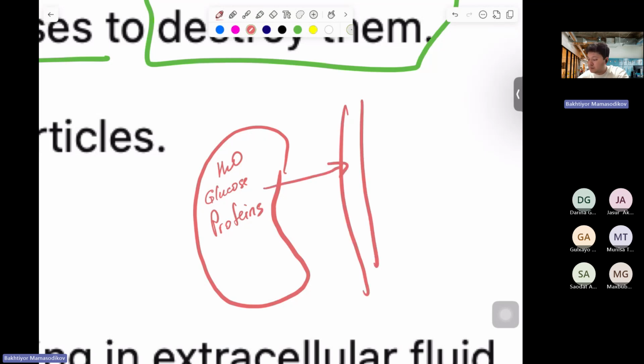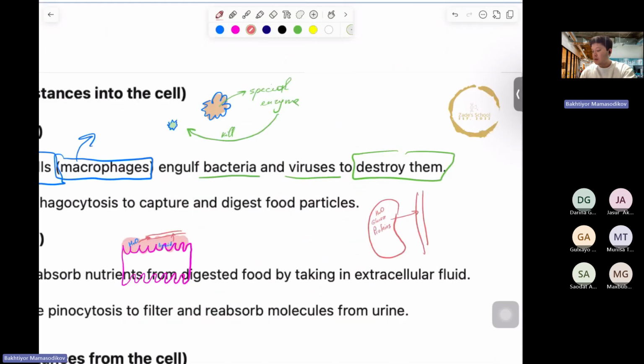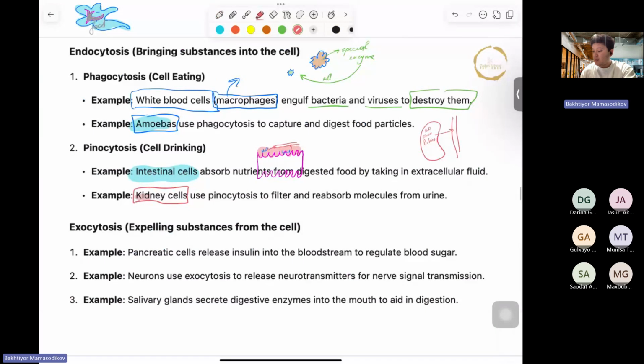You don't want to remove the glucose molecules which are inside of your body with urine, okay? So it will be reabsorbed. This is also called the process of pinocytosis.